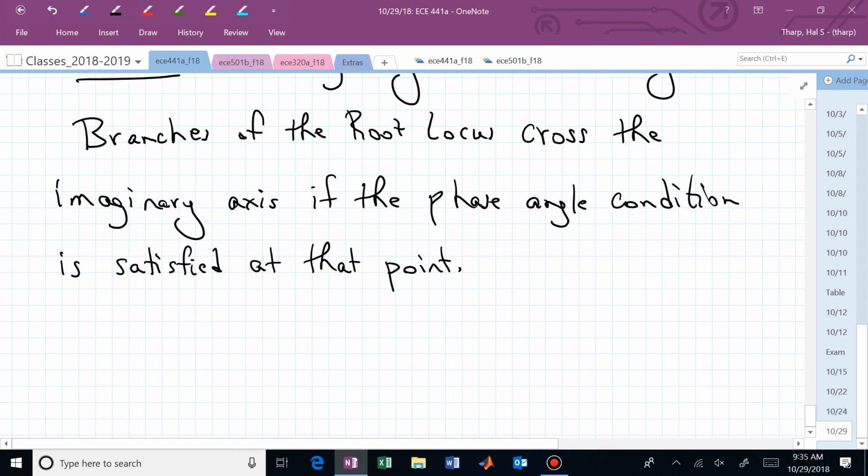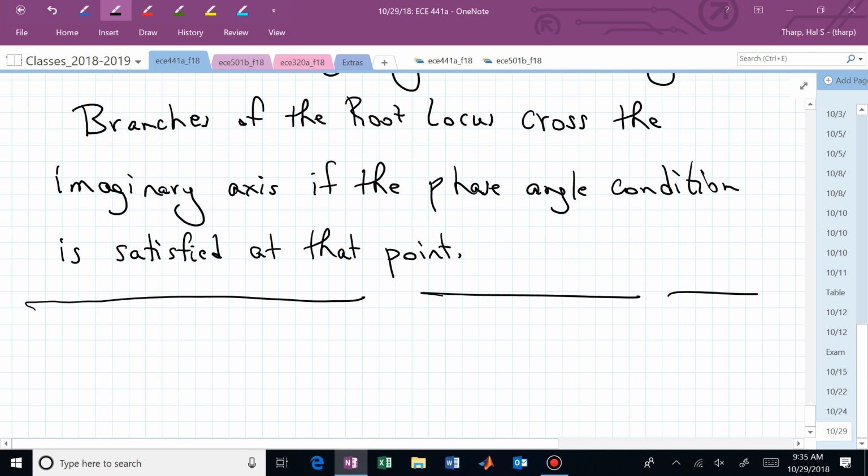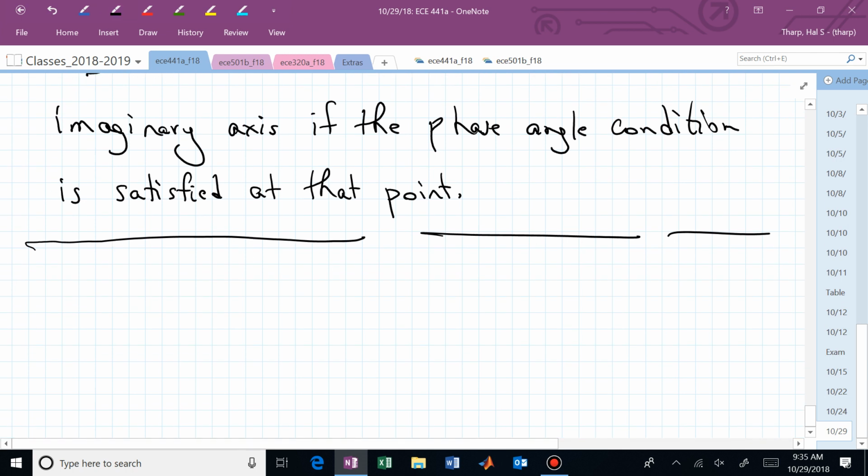This is where we're walking up the imaginary axis and checking the angle at each of these points as we walk up the imaginary axis.